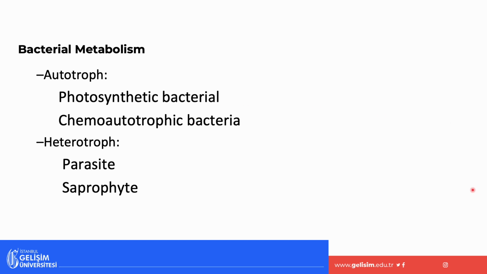The photosynthetic autotrophs are those such as plants and some bacteria which use sunlight as their energy source to convert carbon dioxide and water into organic molecules. Now, chemoautotrophs are certain bacteria that use energy from chemical reactions, such as oxidation of inorganic compounds like sulfur or ammonia, to synthesize organic molecules.